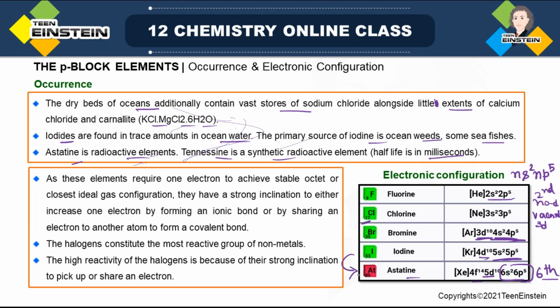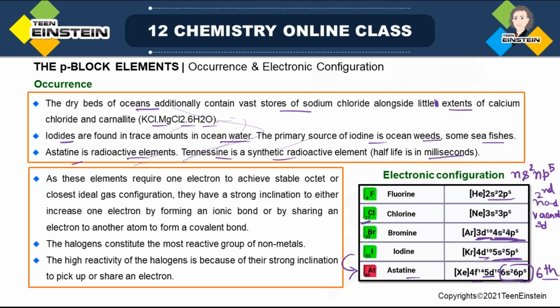Because of these f electrons also, there will be a difference in properties, because we know that the screening property of f and d electrons is very poor, especially f is poorer compared with d. Because of this poor screening effect, there will be a direct effect on the chemical properties. We will see that later. But right now, this is the electronic configuration.